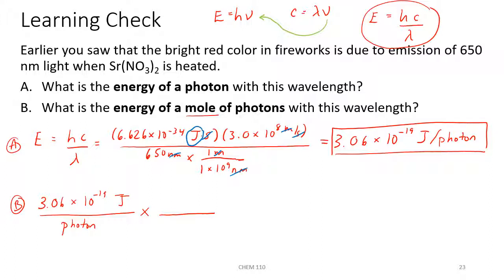Recall Avogadro's number is 6.022 times 10 to the 23rd things per mole. Well, right now we want our things to be photons. Therefore, our units of photons will cancel and we'll be left in units of joules per mole. This gives us 1.84 times 10 to the 5th joules per mole.